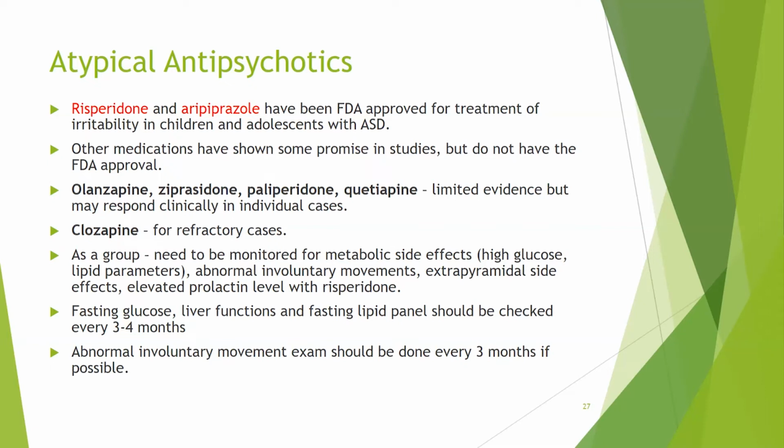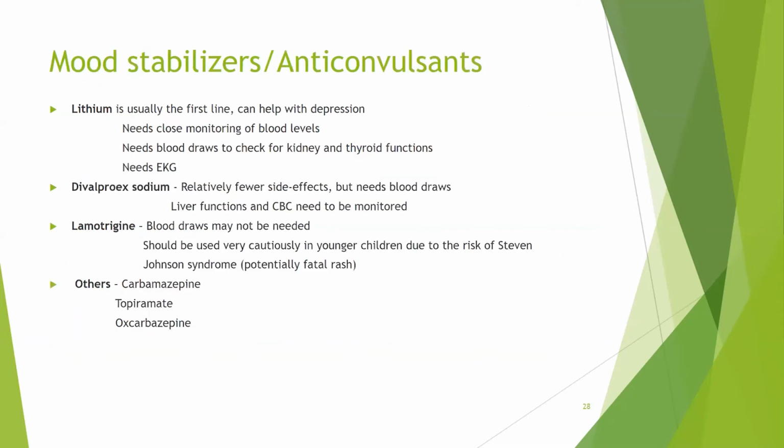There are several studies using olanzapine, ziprasidone, paliperidone, quetiapine, etc., but the evidence is not convincing. Clozapine is used for refractory cases or when other medications are not effective. There are many side effects to atypical antipsychotic medications for which the child should be monitored by the treating provider.